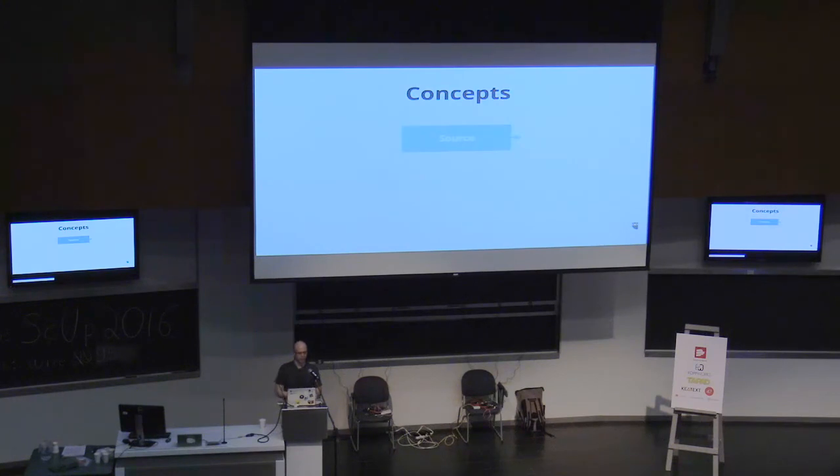So Akka Streams has a few core concepts that are used to construct stream topologies. There's a source, which is a processing stage with exactly one output and no inputs that emits elements to downstream stages when they're ready. There's a sink, which is the opposite. It's a stage with exactly one input that accepts elements from upstream and may push back on the upstream with back pressure.